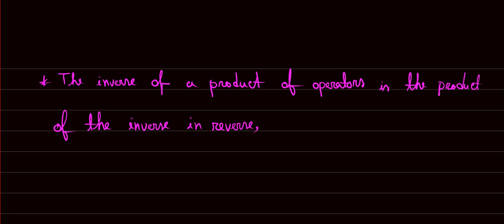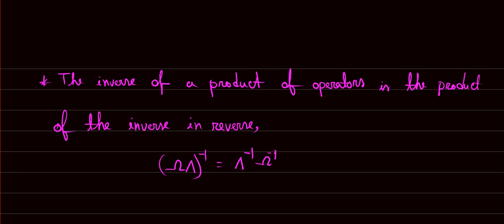So what does it mean? So if we have a product like this and we want to know what is the inverse of this whole operation, the operation will be this.